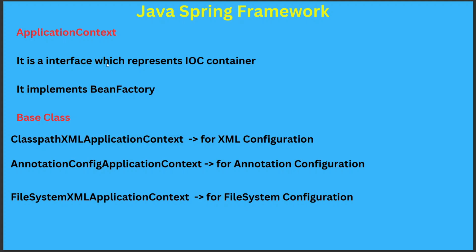It implements BeanFactory. ClassPathXmlApplicationContext is for XML configuration, AnnotationConfigApplicationContext is for annotation configuration, FileSystemXmlApplicationContext is for file system configuration. I will tell you one by one. In this video, I will use only XML configuration. In the next video, I will tell you annotation configuration. After that, I will tell you file system configuration.